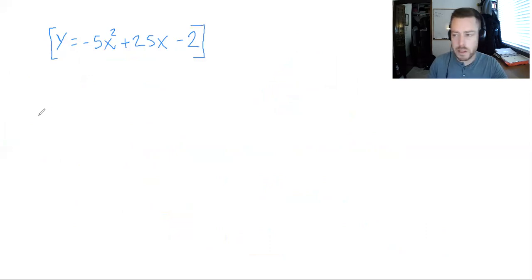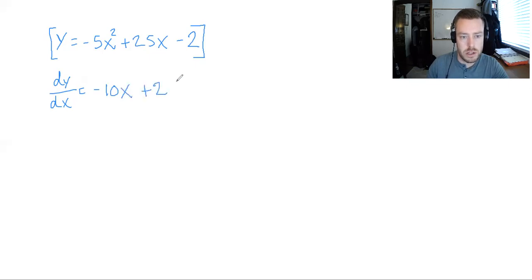What that means, if you're a calculus student, is you're going to take a derivative and set it equal to 0, because the derivative is the rate of change, your slope. So we take the derivative of this function with respect to x: dy/dx equals negative 10x plus 25, and we set this derivative equal to 0. Why? Because it's the slope.